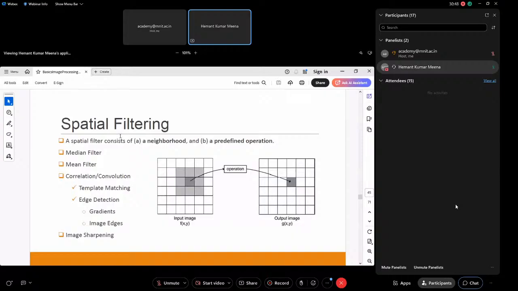What do you mean by filter? In signal processing, filter is the keyword. Filter is basically what you want to separate out from the original image. So here with spatial filtering, we want to extract information at a spatial level.